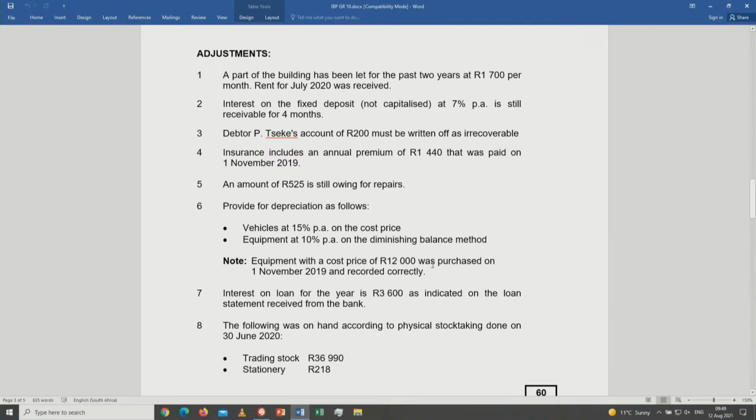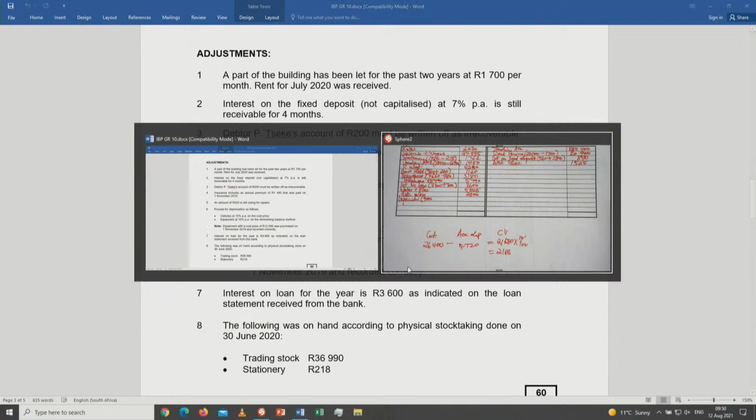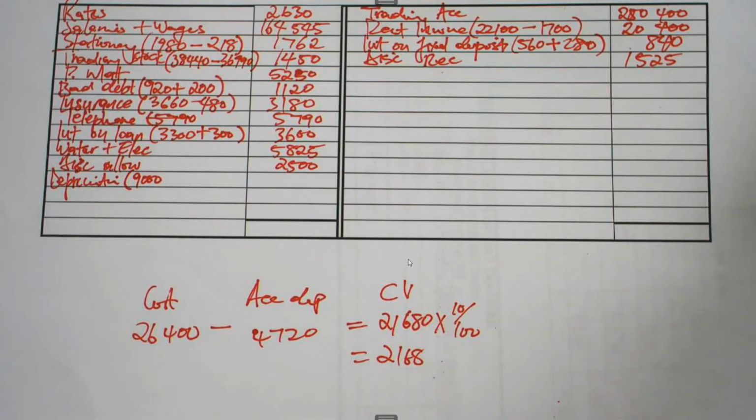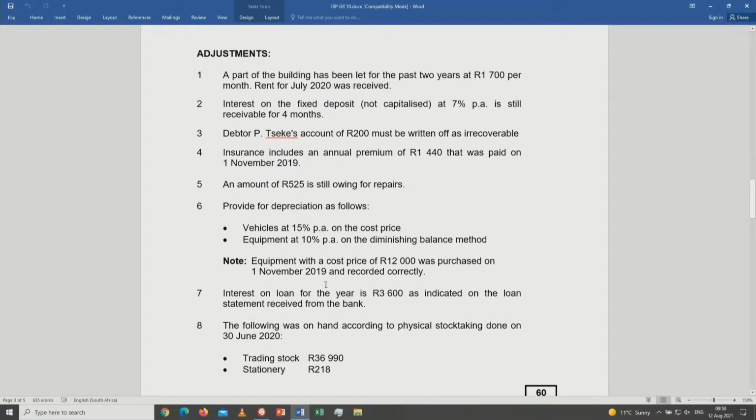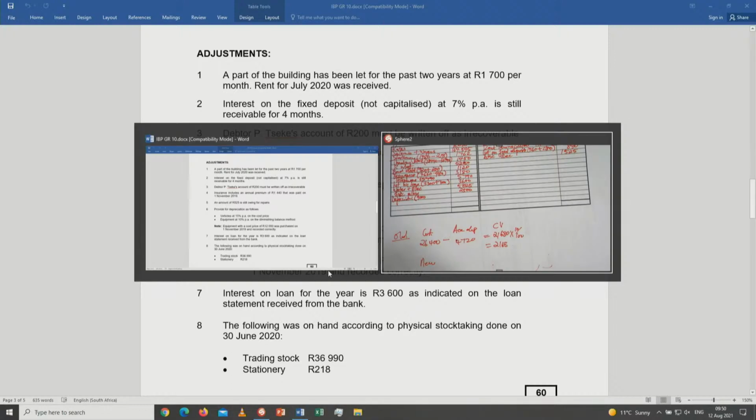Right. Now you check. We bought equipment to the value of 12,000. New equipment. This is old, right? And then we have new.